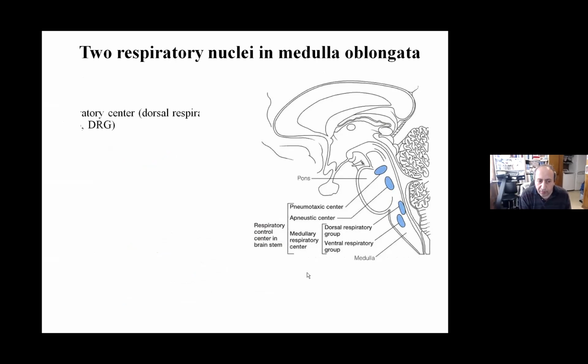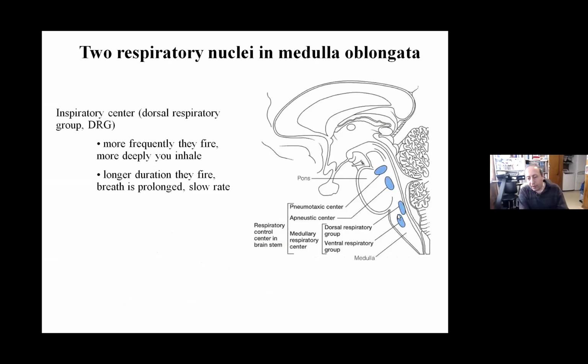Now, what is the function of each group? For the dorsal respiratory group, the more neurons fire, the greater the depth of inhalation.